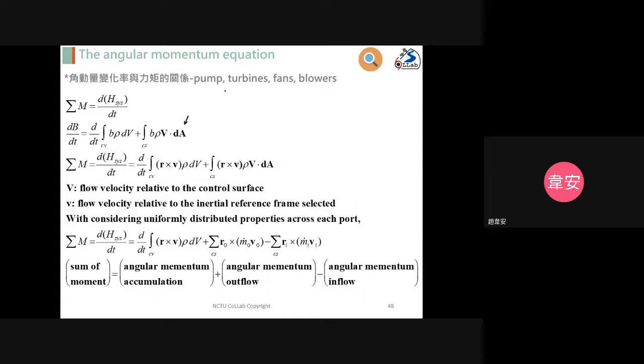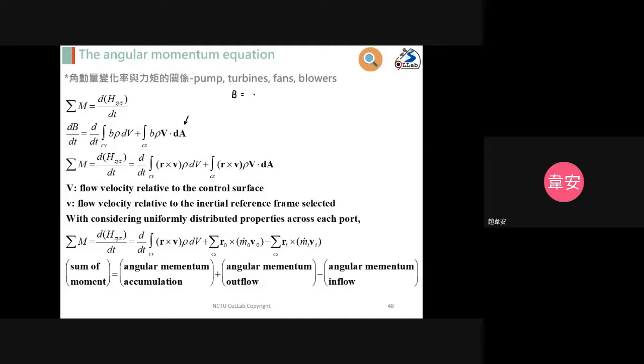For the momentum equations, we know that B is the extensive property, and for the momentum equation, the extensive property is the momentum.